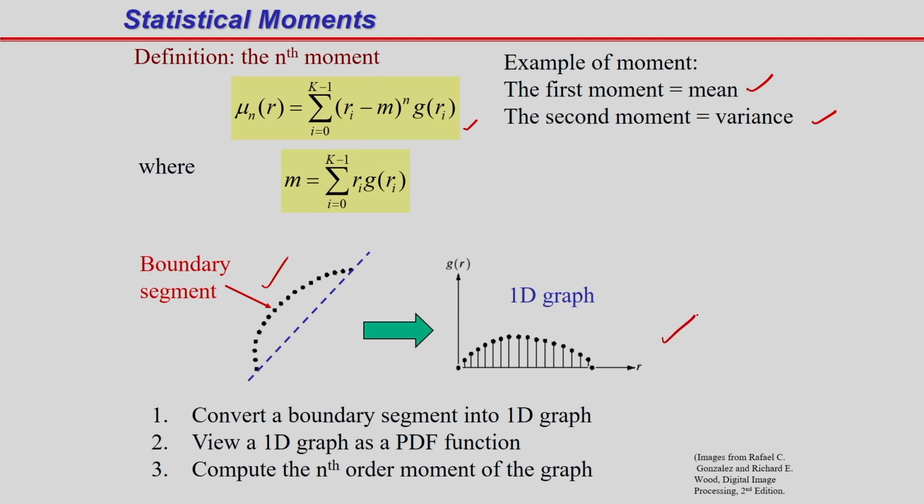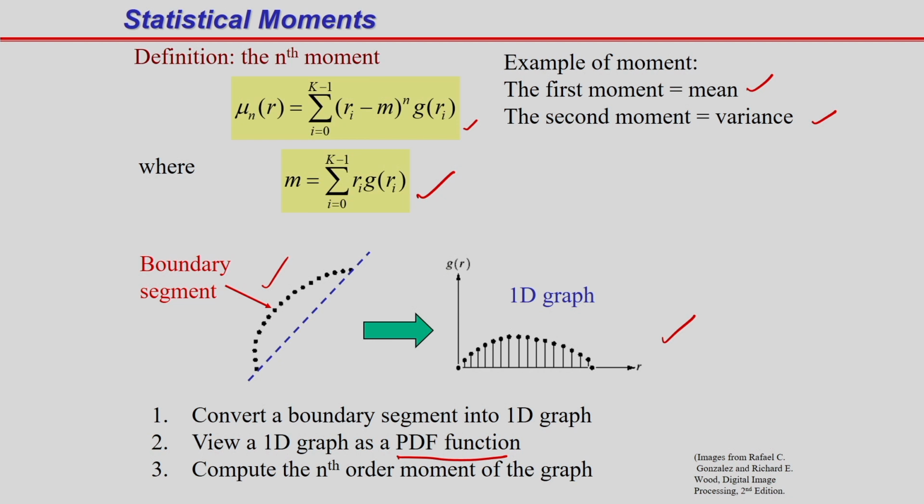The boundary is considered as a 1D graph, and that can be considered as the PDF, the probability density function. From the PDF I can determine all the moments: the first moment, the mean, the second moment, the third moment. By using these moments, I can represent the boundary.